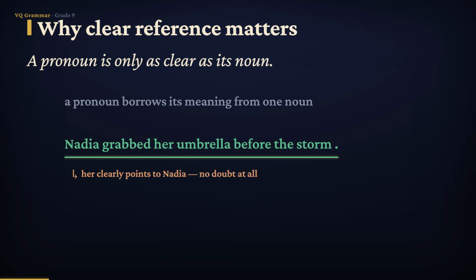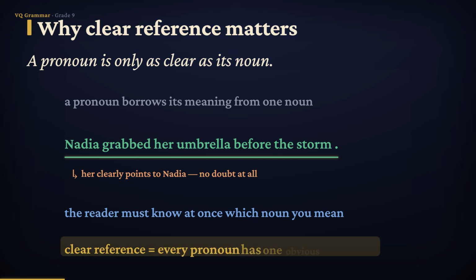The word her clearly points to Nadia with no doubt at all. That's exactly how a pronoun should feel. When it's working, the reader must know at once which noun you mean. There shouldn't be even a flicker of hesitation. So here's our goal for today: clear reference, where every pronoun has one obvious owner.